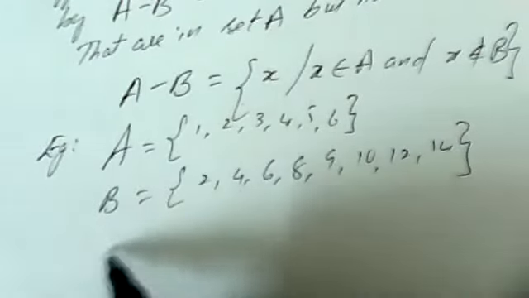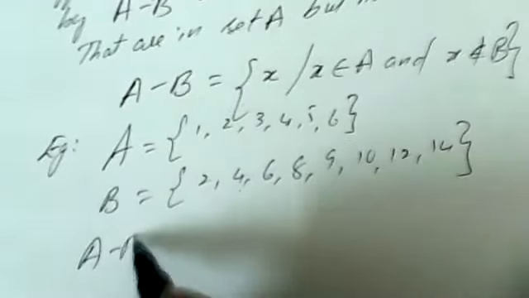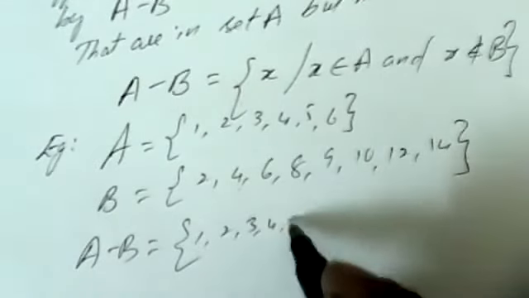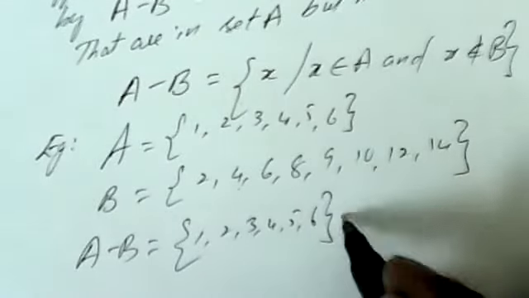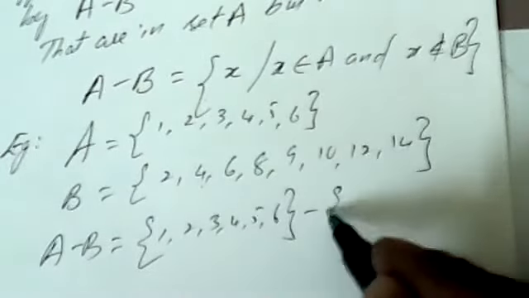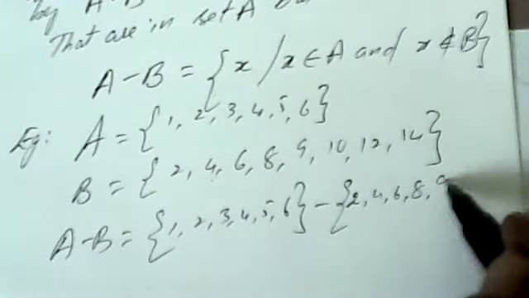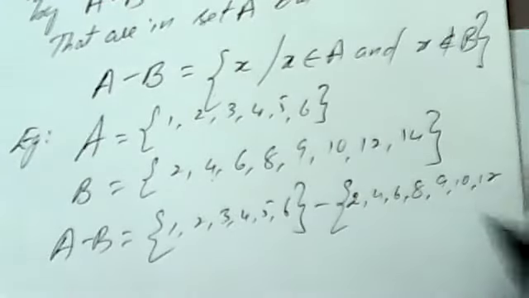So we write now A minus B is equal to A, 1, 2, 3, 4, 5, 6, minus the other set which you have, 2, 4, 6, 8, 9, 10, 12, and 14.